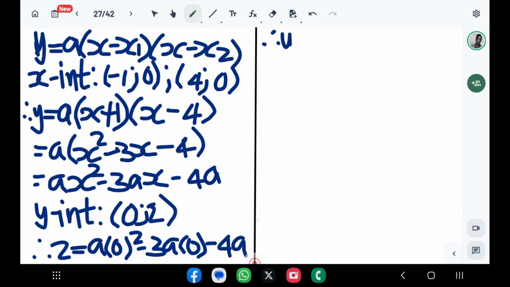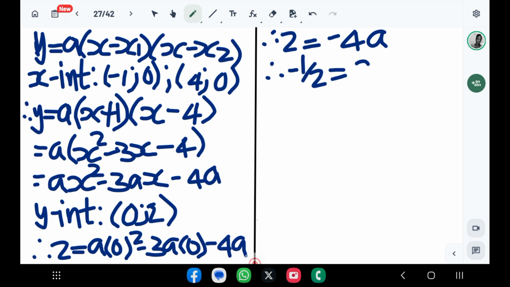Therefore 2 equals, these two are zeros, so you're left with minus 4a. 2 equals negative 4a. Divide both sides by negative 4, you're left with negative 1 over 2 equals a.